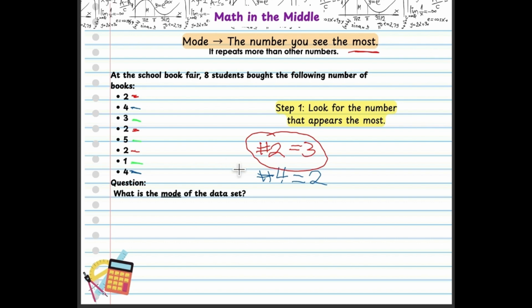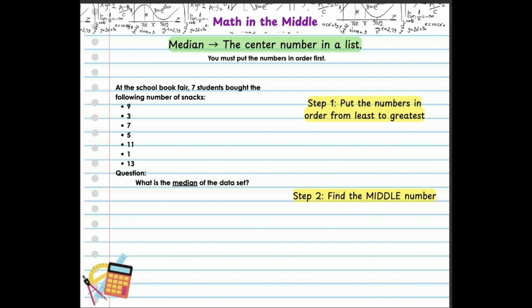All right, that is probably the easiest one out of the 3 in my opinion. I like to remember mode as the most popular number because it shows up the most. Easy enough, right? All right, let's move on to the last but not least, median. All right, now let's talk about median. Median is the middle number, but your numbers must be in order first.